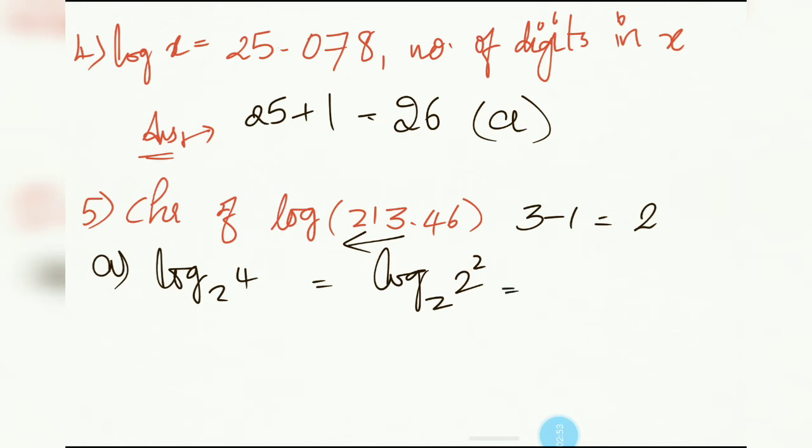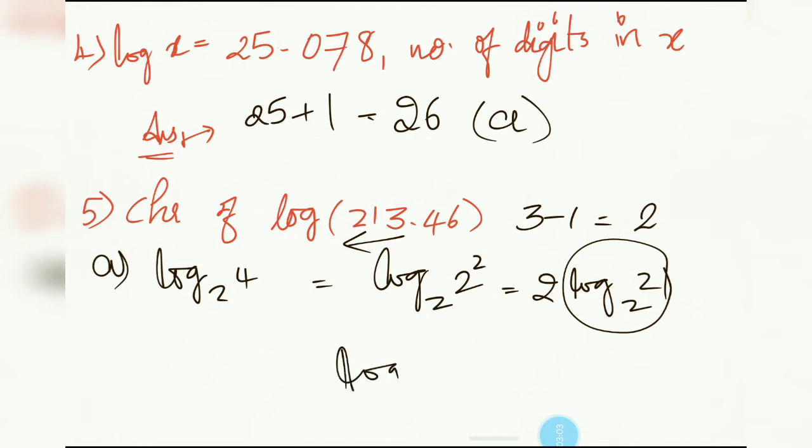So it will become 2 log 2 to the base 2. Now log 2 to the base 2, when the number and base are the same, it is just 1, because log A to the base A is just 1. Same thing applies here. So 2 into 1. So what is the answer? A is the right answer, because we are going to get 2.